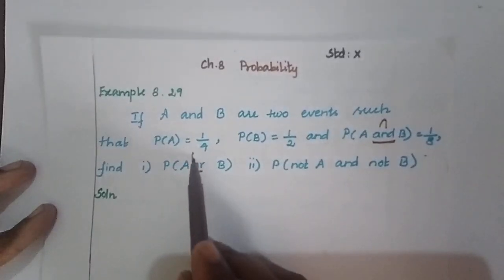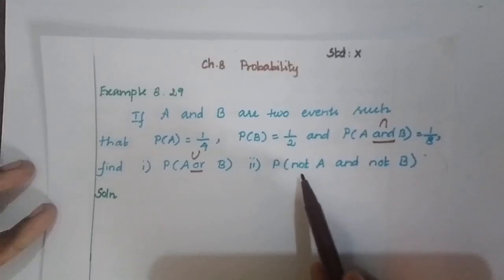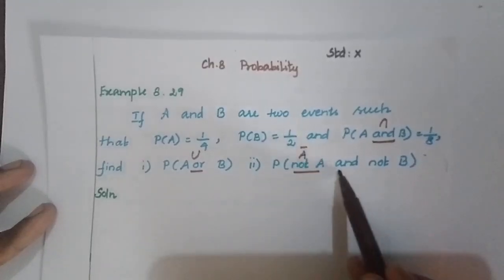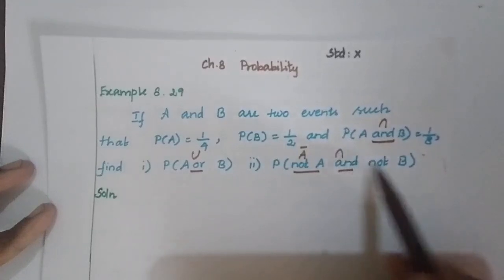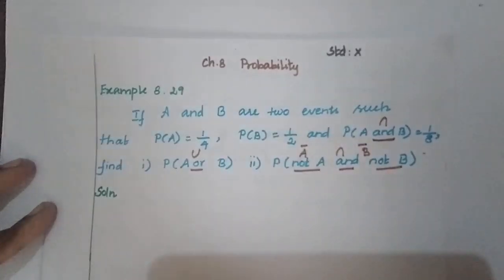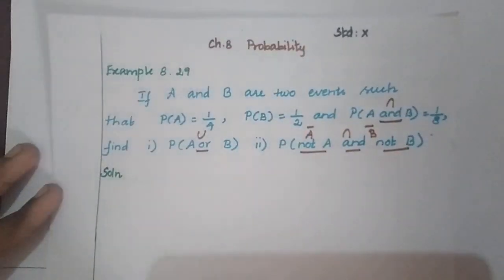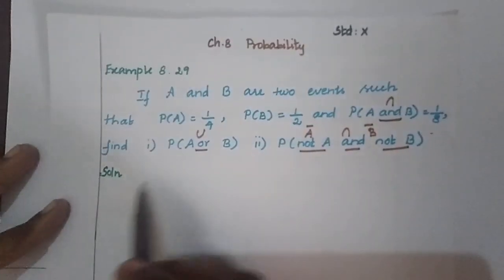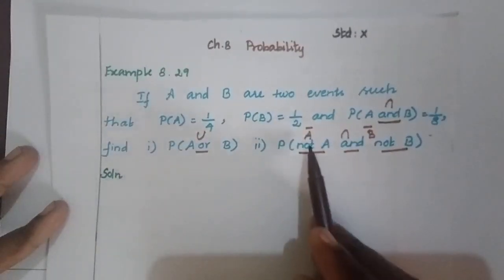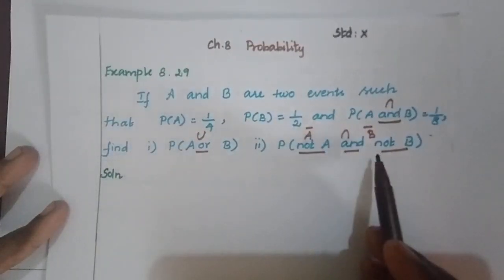This is union. And P of not A is A dash, and this AND is intersection, and not B is B dash. So we have to find P of A union B, and the second one is P of A dash intersection B dash.